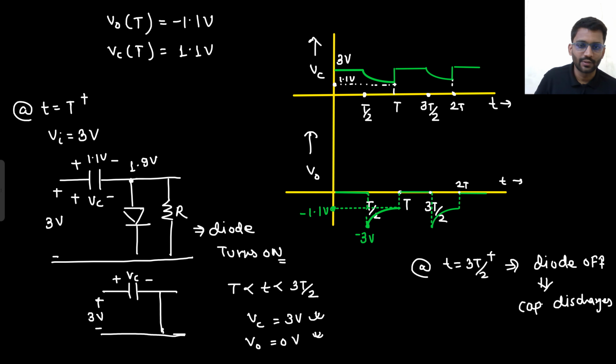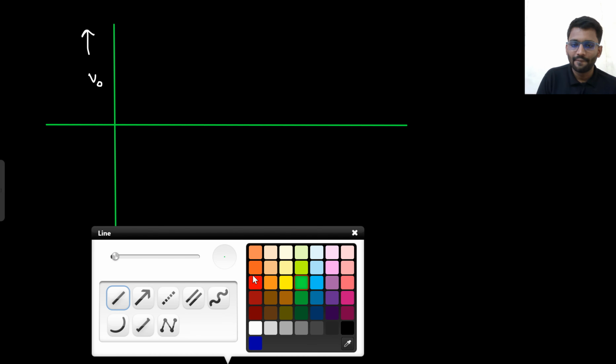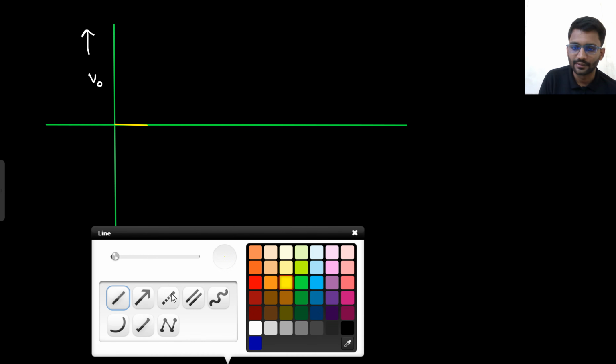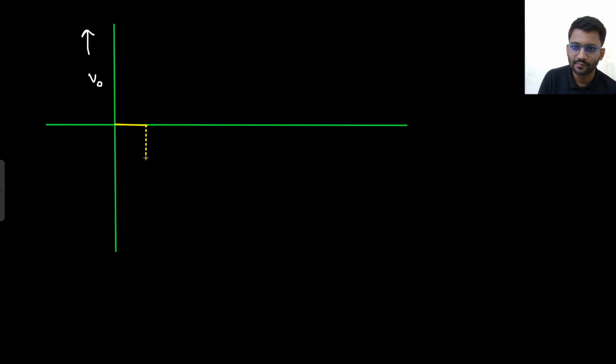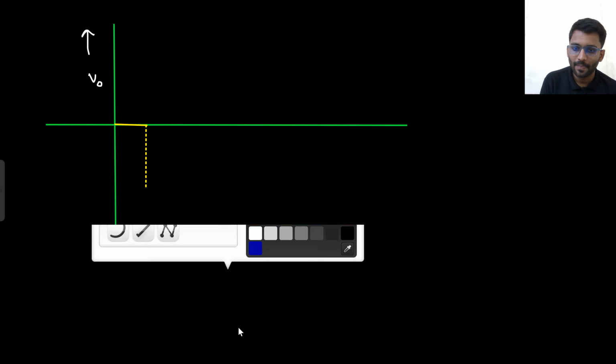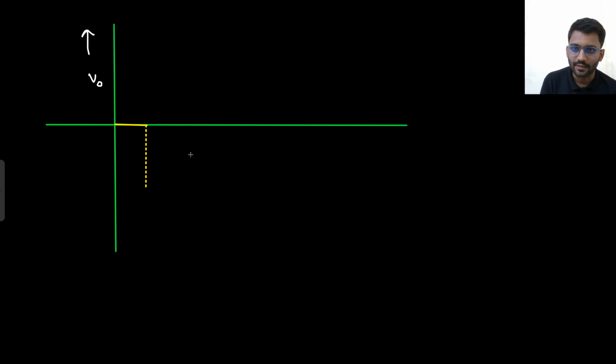So what was our V naught? 0, then -3, discharging like this, -3 to -1.1, you can say like that. And then again 0, then again discharges in the same manner.